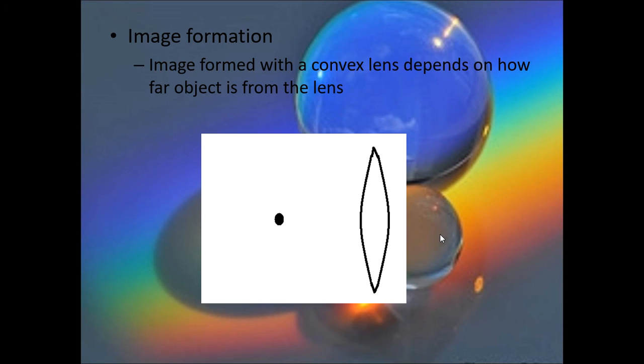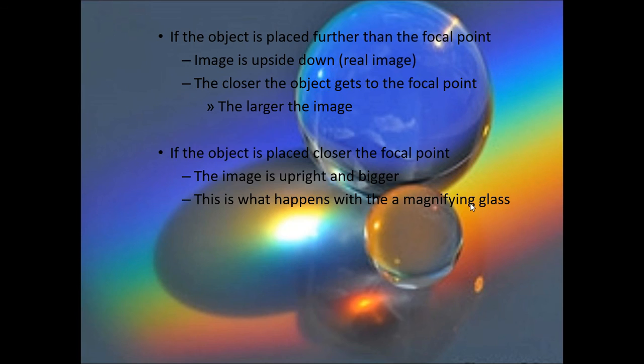I'm guessing you were able to use a magnifying glass before. To focus, you need to move the magnifying glass to get that focal point, in order to see the image clearly.